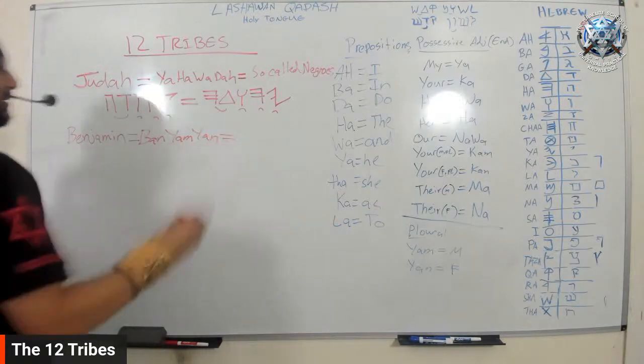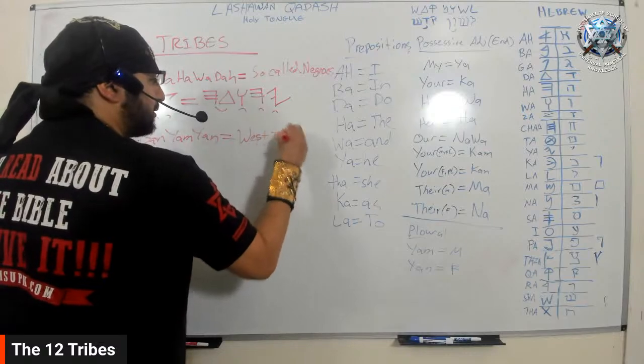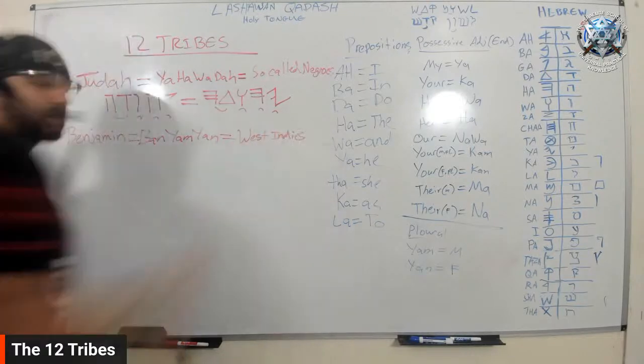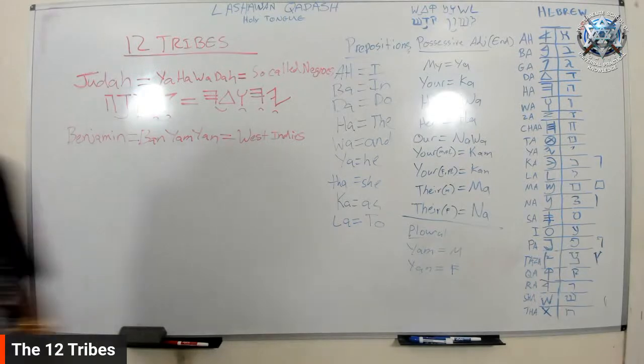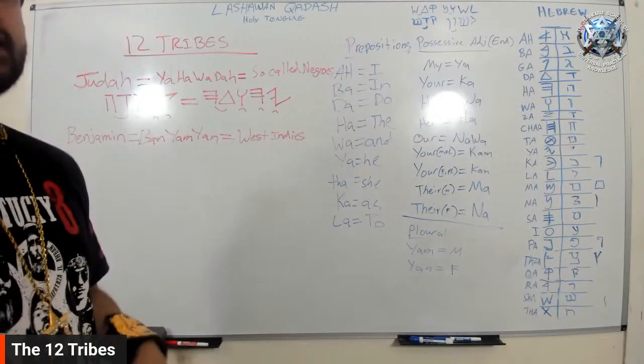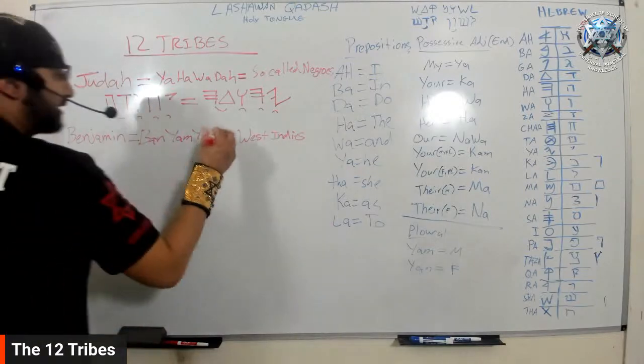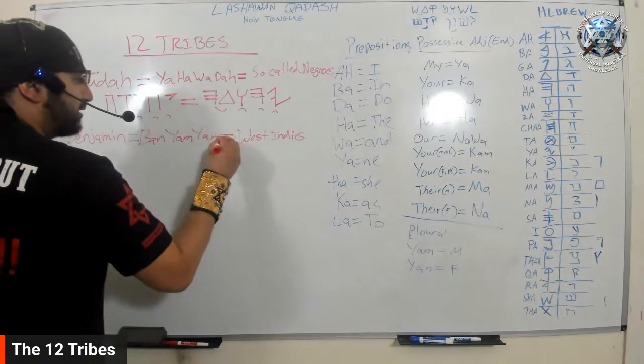These are your West Indies. West Indies is akin to what we know as Trinidad and Tobago, Jamaica, and the islands in that sense. The West Indies, your Jamaicans. This name means son of the right hand.